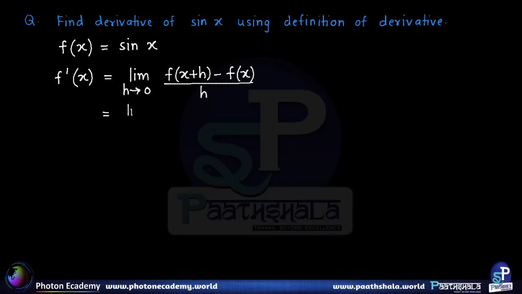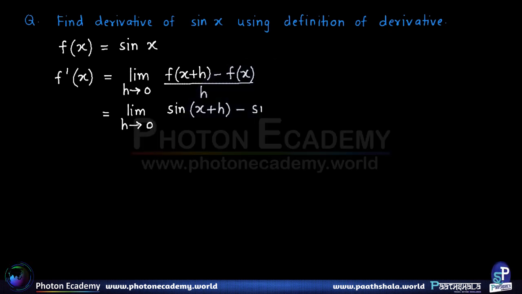So that is limit h tends to 0. Since f of x is sine x, f of x plus h will be sine of x plus h, minus f of x which is sine x, whole upon h as it is.